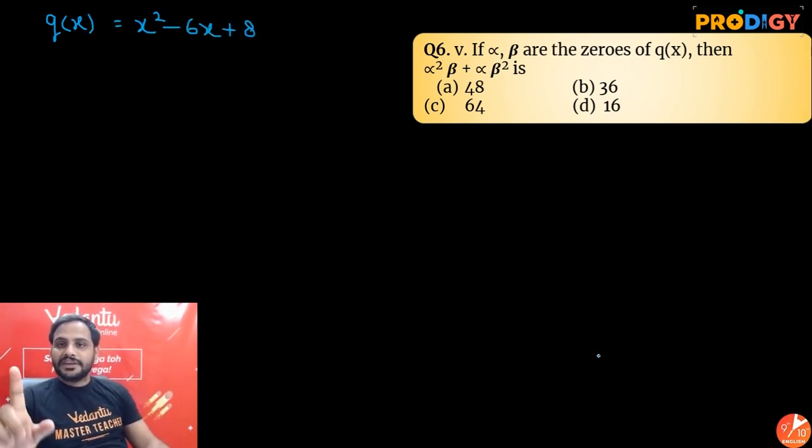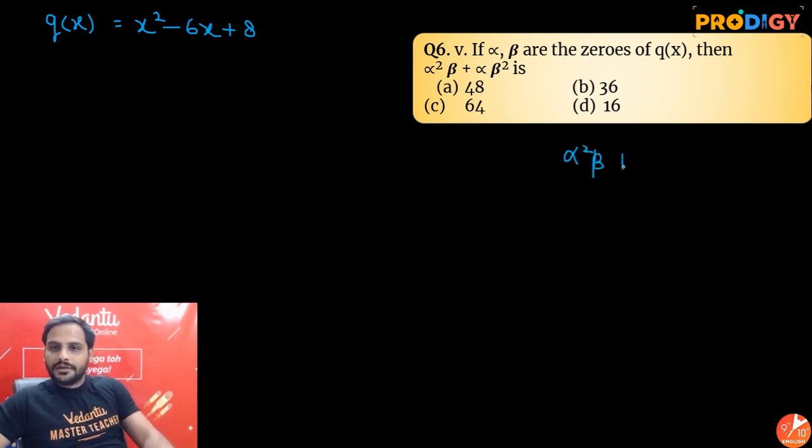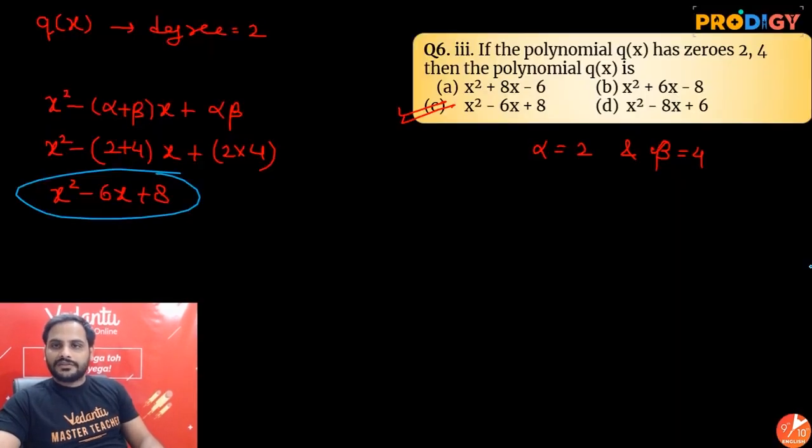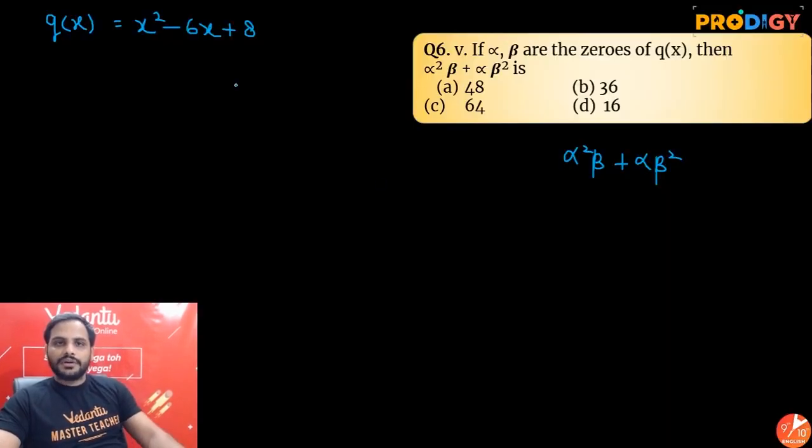And they are asking me to find the value of alpha square beta plus alpha beta square. Now look, beta, in the previous question, it is already given its zeros are 2 and 4. So let's say alpha is equal to 2 and beta is equal to 4.